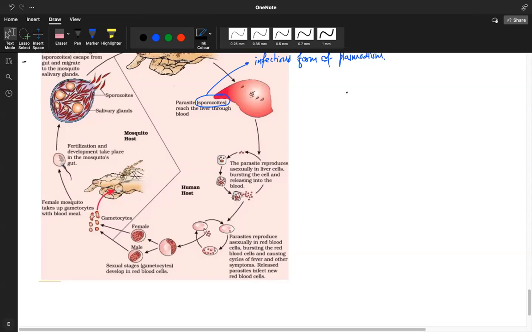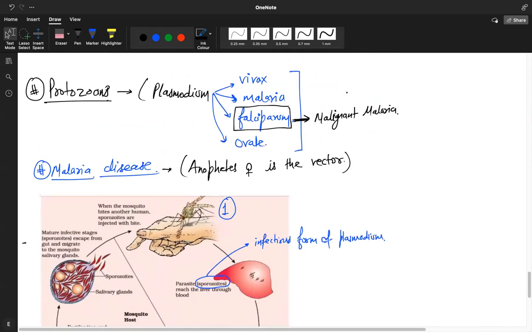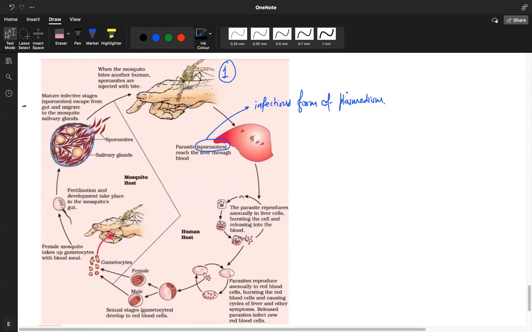Okay. Yes, sir. Cool. Yes, Minashi, continue. Yes, sir. From blood, the parasite enters the liver in the form of sporozoites, which is the infectious form. So it first reaches the liver. Keep noting whatever Minashi and I are dictating. Yes, then what happens? What do you think happens?